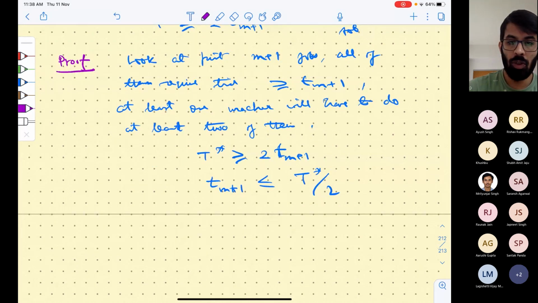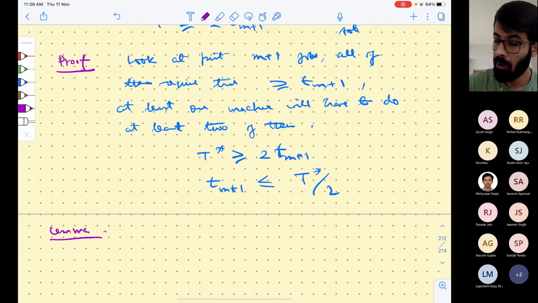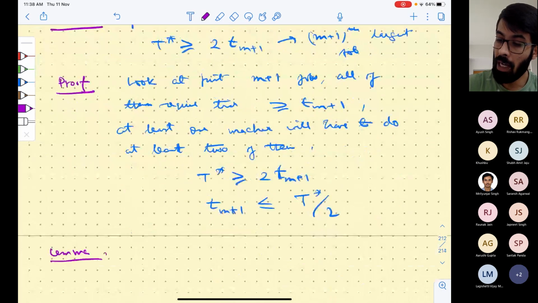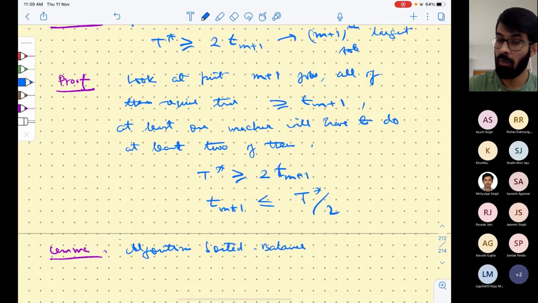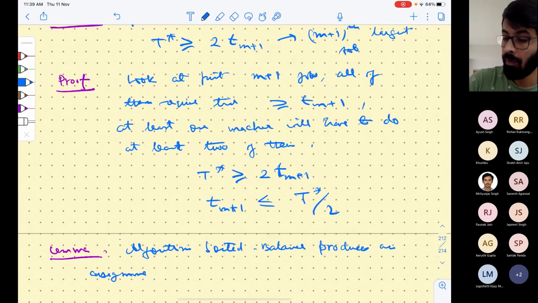And that's it. Now we can show, just like for the previous algorithm, that the sorted balance algorithm produces an assignment. Any guesses? What is going to be the ratio with the makespan?